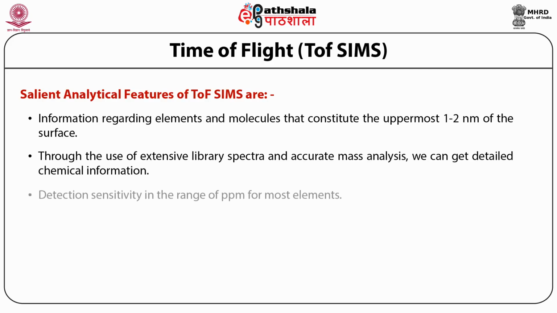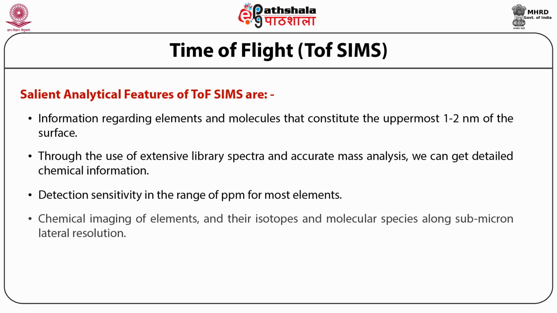It offers detection sensitivities which again are very low, in the range of parts per million for most of the elements. It also provides chemical imaging of elements and their isotopes and molecular species, along with some micron lateral resolution.